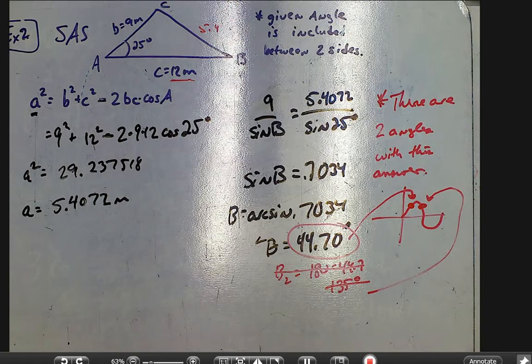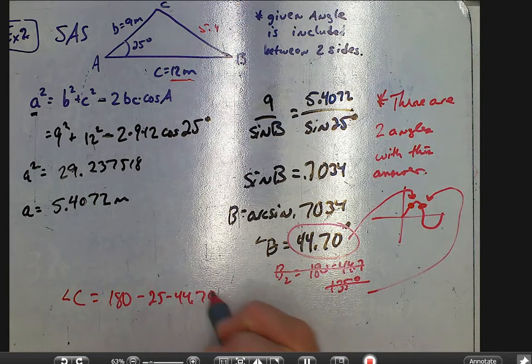That's how I know that. Because only one obtuse angle can exist in a triangle, or one right angle. Therefore, it has to be angle C. And so angle C is going to be 180 minus 25 minus 44.70. Angle C is 110.3 degrees.